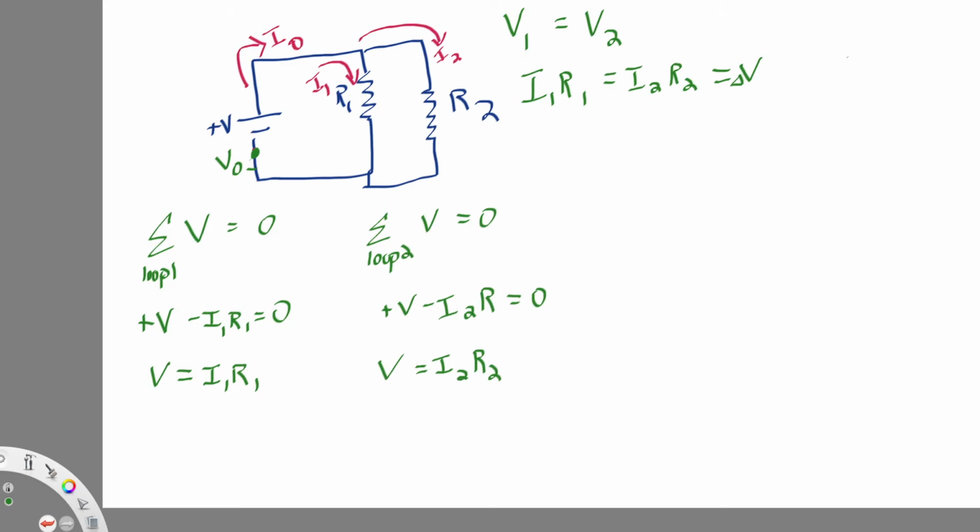So I was about to say something about the currents. We have a statement about the voltages around a loop. We also can make a conservation statement about the current at a junction. So for example, right here, we have this junction where we have one current coming in and two currents going out.